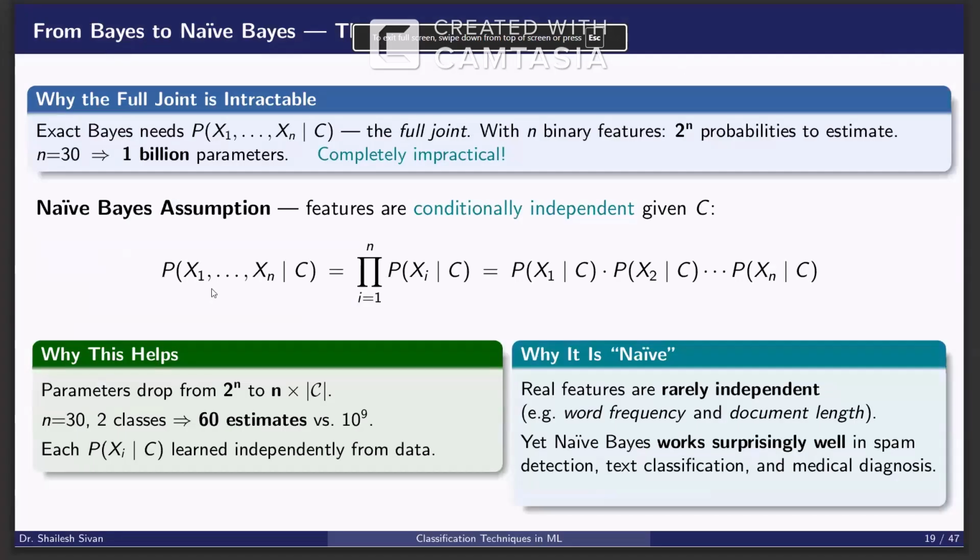We have to calculate probability of C given X, but it is difficult to calculate probability of x1, x2, etc. up to xn together given C. So we have to calculate this independently: probability of x1 given C, probability of x2 given C, and probability of xn given C.